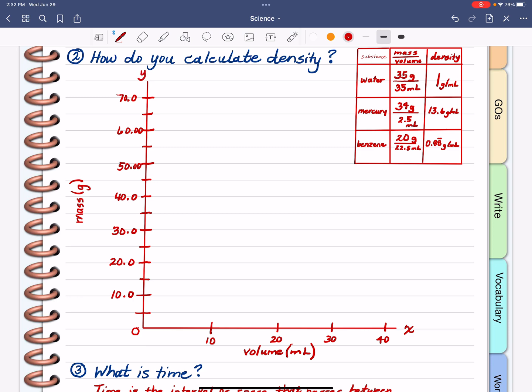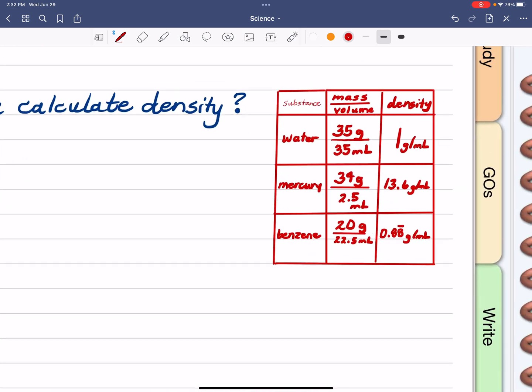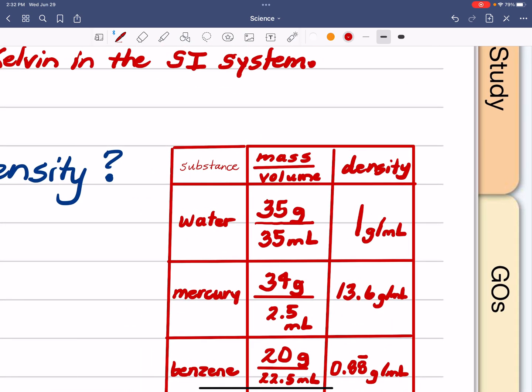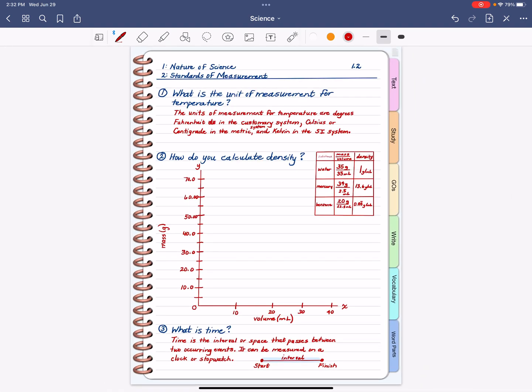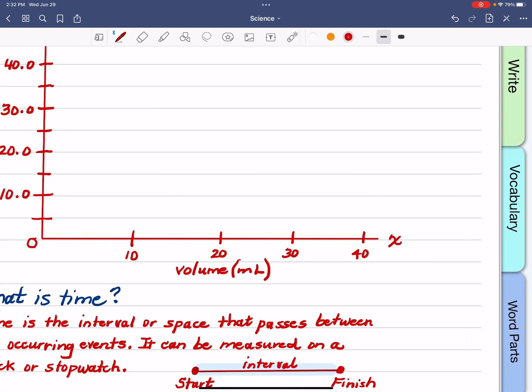Okay, so let's take our water figure right here. Water is 35 grams, 35 milliliters. All right, so water, if I go out to 35 milliliters, that's going to be about right here. This would be 35. And so that line needs to go up to 35 on the y-axis.